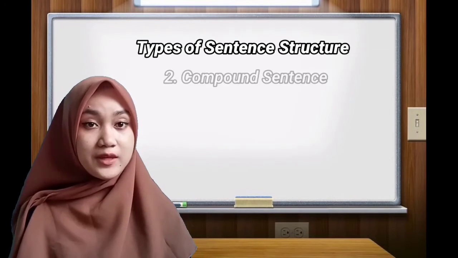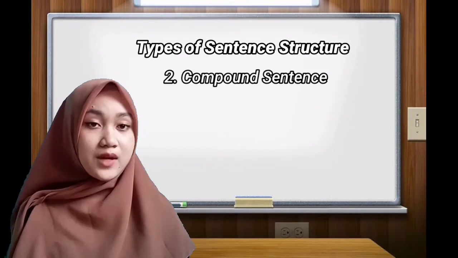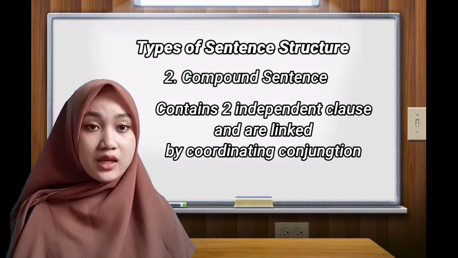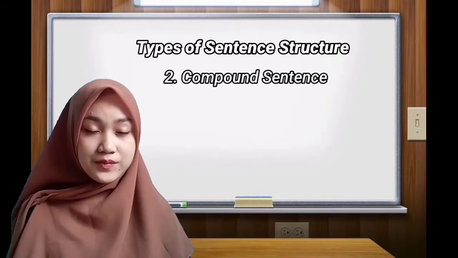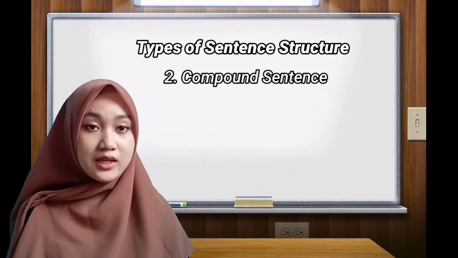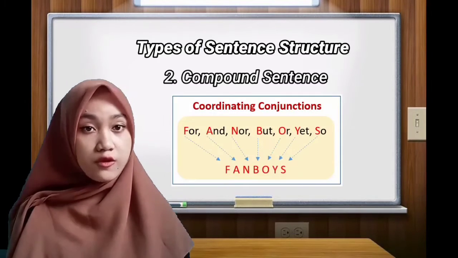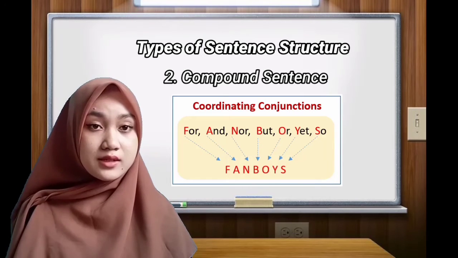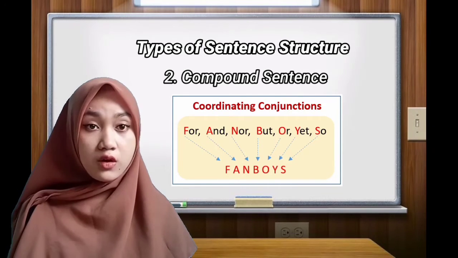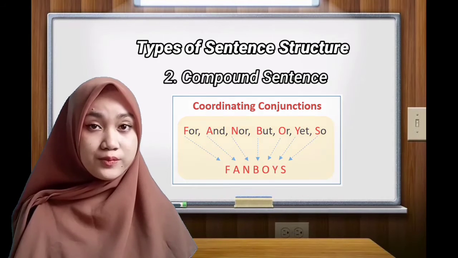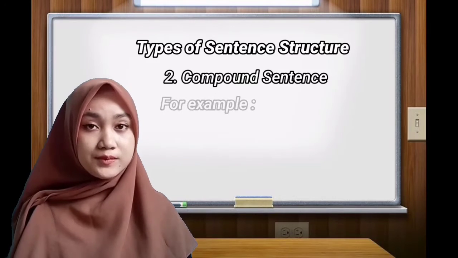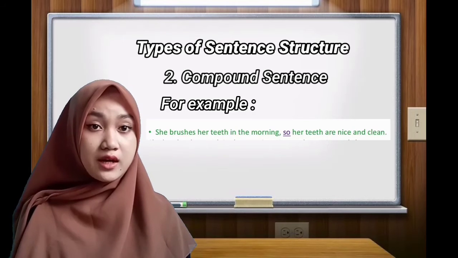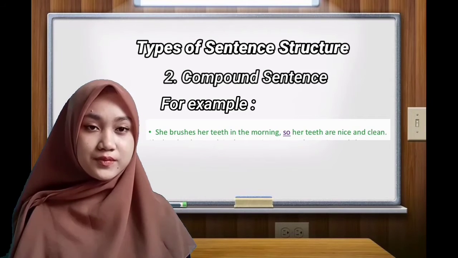And the second type is compound sentence. A compound sentence contains two independent clauses and is linked by a coordinating conjunction. Coordinating conjunctions include the FANBOYS: for, and, nor, but, yet, or, and so. For example, she brushes her teeth in the morning, so her teeth are nice and clean.